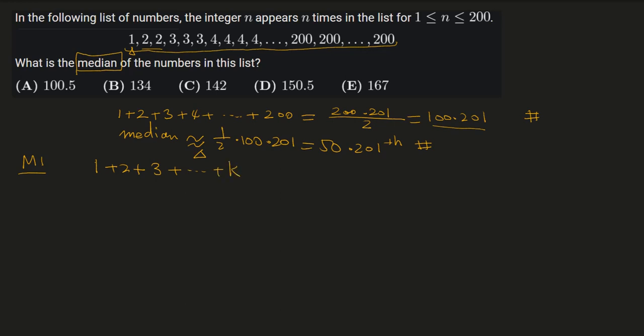We want this sum to be approximately this value. Then that is where our median is located. So let's sum this up. That equals k times k plus 1, divided by 2. And we want this number to be approximately 50 times 201. If we can get the solution for k, then we are done, and k will be our median.